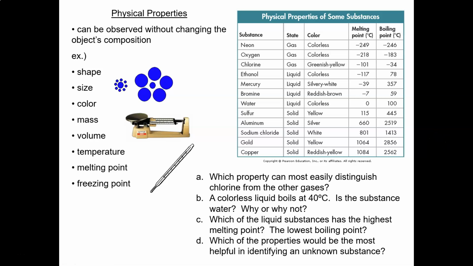I don't think so. In fact, if we made an even bigger list with even more substances on there, I think you would find that there are no substances out there that have the same melting point and the same boiling point. So which of these properties would be the most helpful? Melting points and boiling points would be way more helpful than color or state of matter, because they're much more unique.